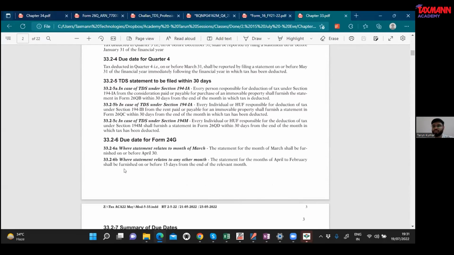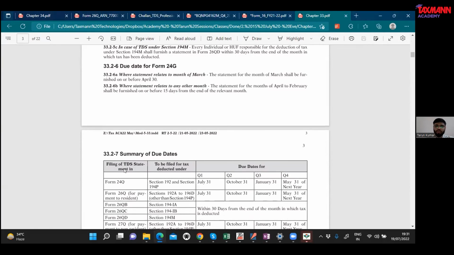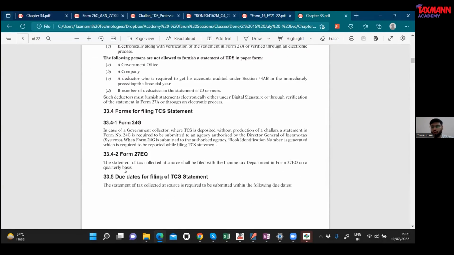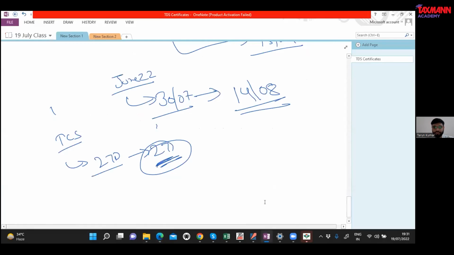Yes, 24G was for government deductors and 27EQ was for non-government deductors, right? So generally everyone forgets the forms and dates of TCS, but they remember them for TDS, since TDS is quite more popular. But since we are learning for exam purposes as well, we need to remember the names of these forms and dates for TCS as well, right?